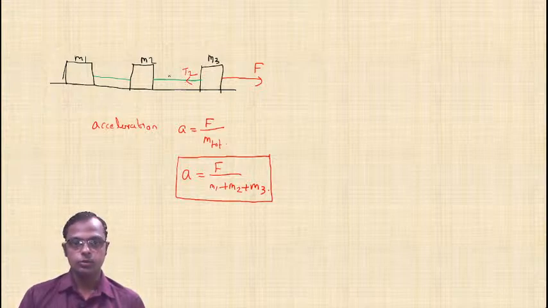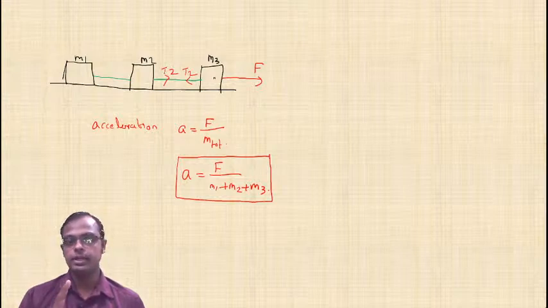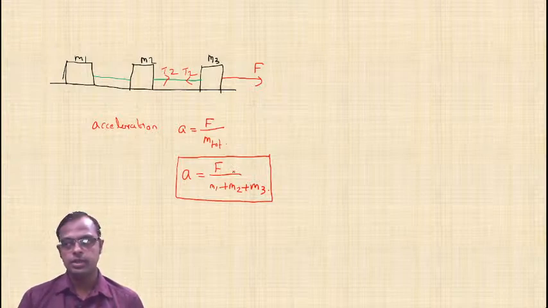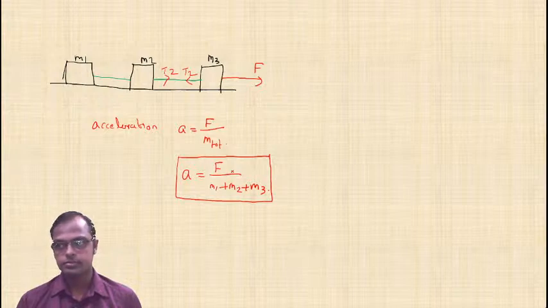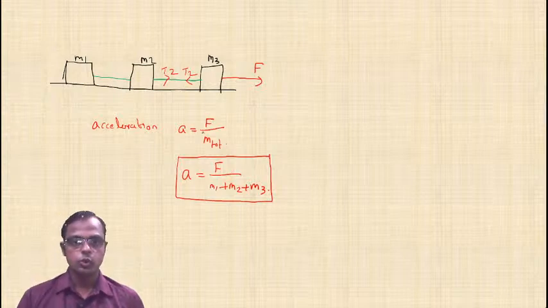On M2, the same tension will be acting, but in the opposite direction. So always remember that tension will always act away from the mass. So T2 is the tension between M2 and M3.